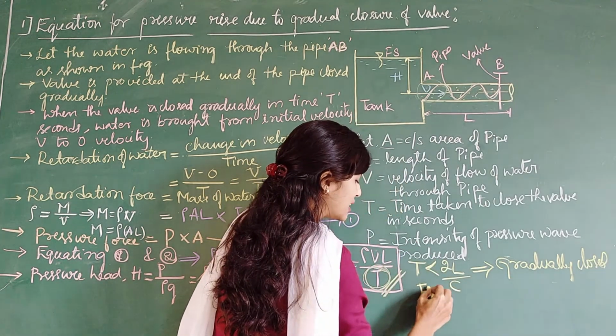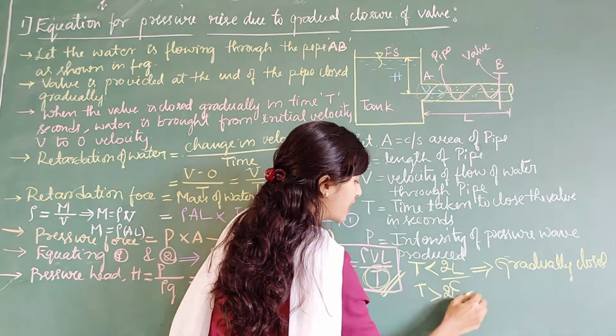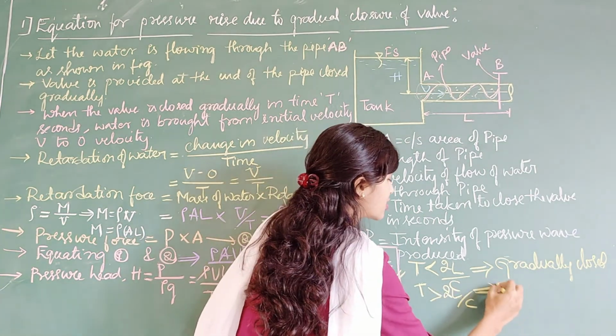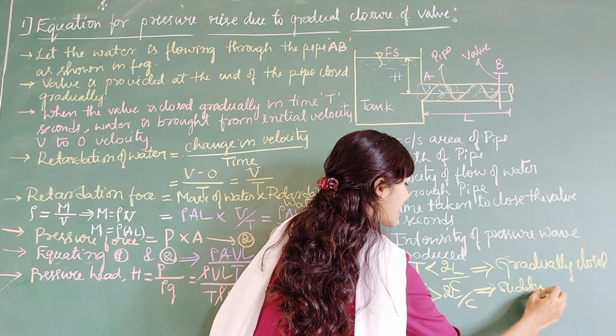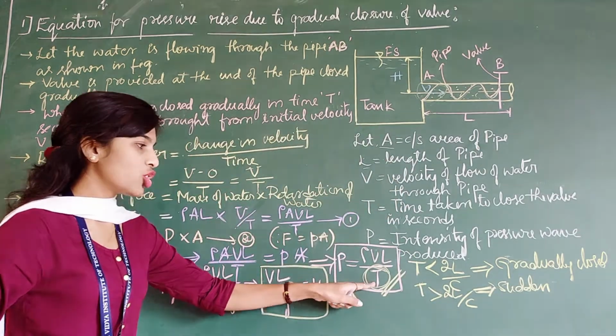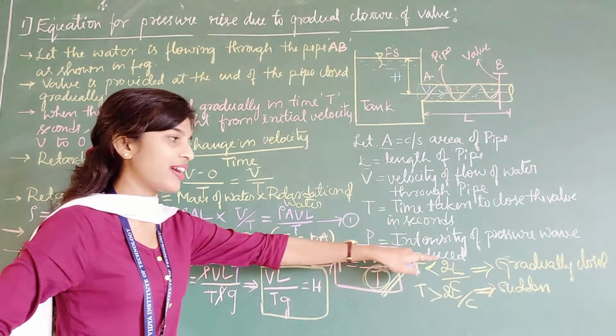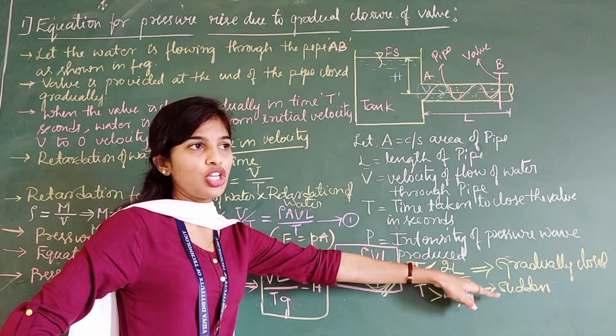If T is more than 2L divided by C, then it is said to be a sudden closure of the valve.